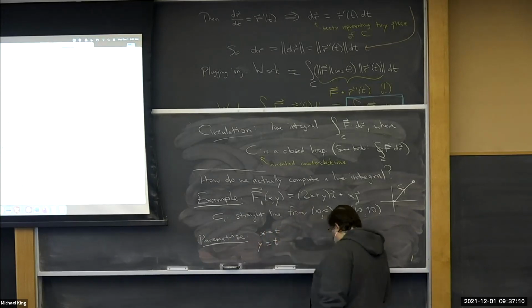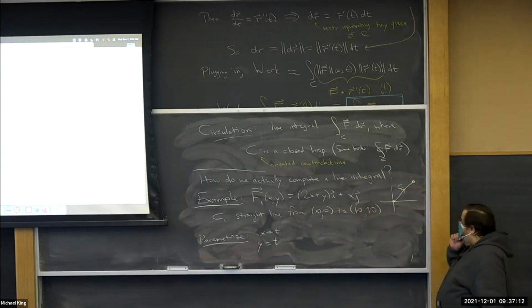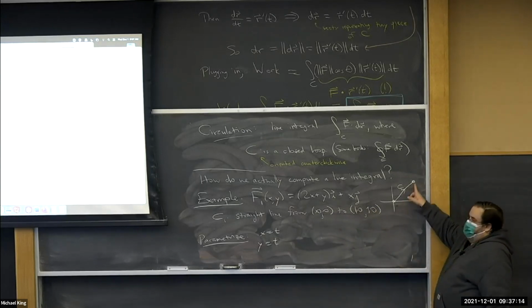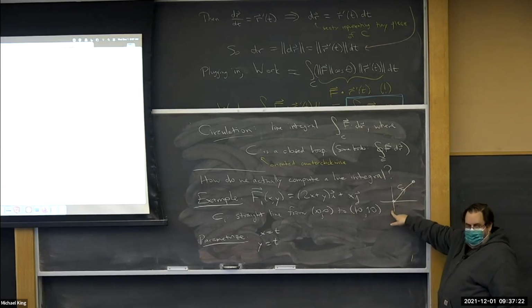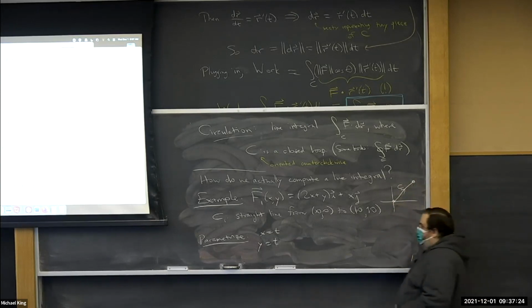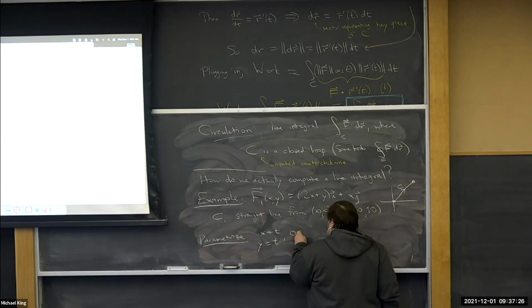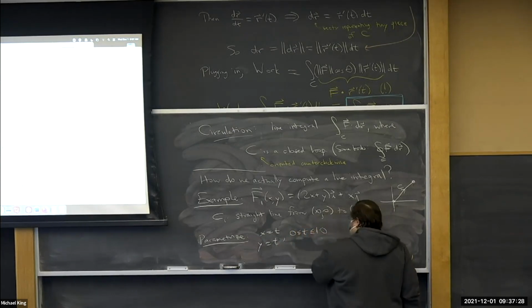You could also do it the way we did on the homework assignment, where you take the difference and use that as a vector. So you could use 10t instead of t, going from t equals 0 to 1. Or you can have t go from 0 to 10, either way. This one is t from 0 to 10.